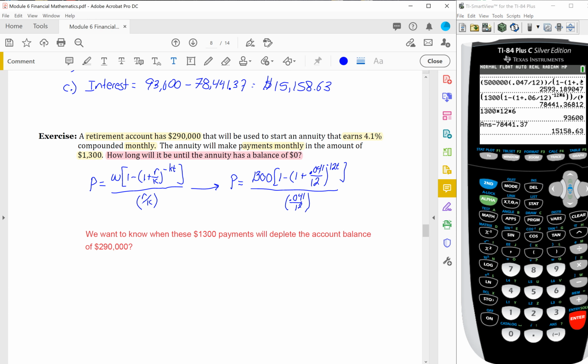Okay, so the way I approach this is I set this equal to the 290,000. So this will look like 1,300 times 1 minus 1 plus 0.041 divided by 12, raised to the negative 12t, divided by the interest rate divided by 12.